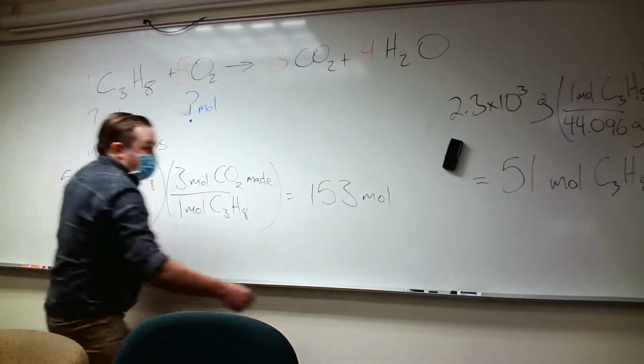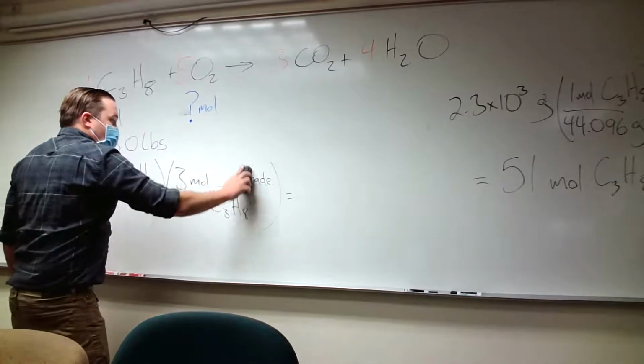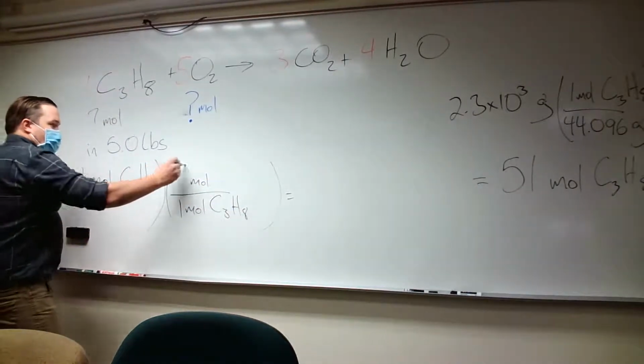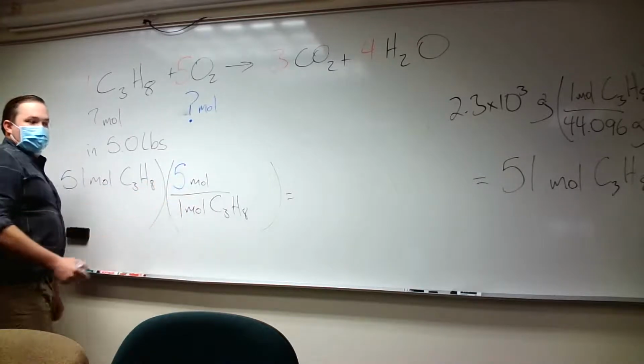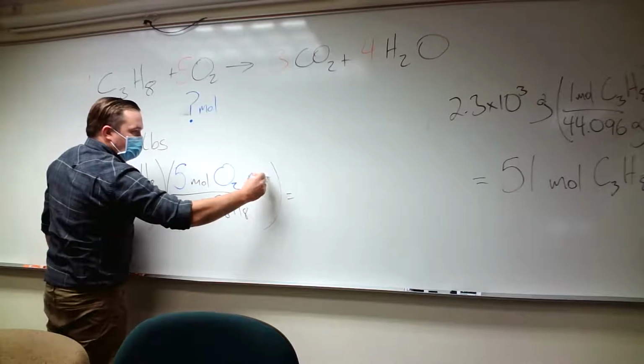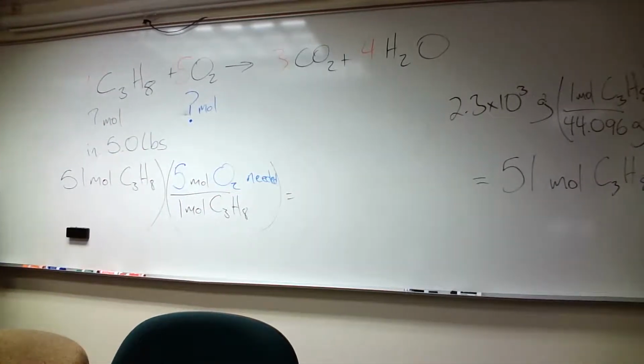That means that instead of being a 3-to-1 ratio, because we're not talking about CO2, it's 5 moles of oxygen for every 1 mole of propane, needed, or used, or reacted.